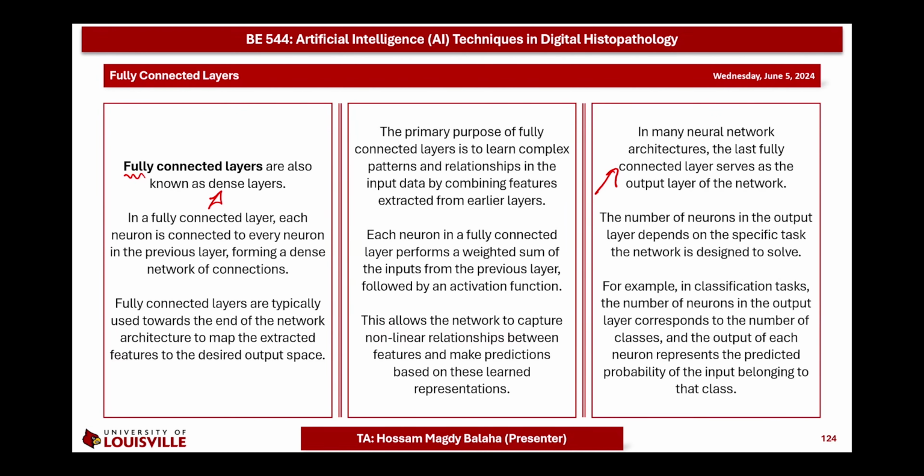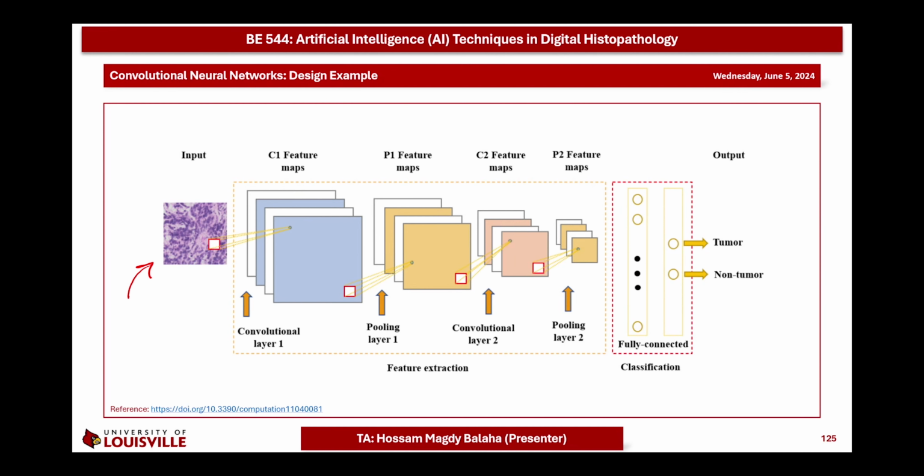So let's take a simple design example. You have an input here, and the authors in that study applied a convolutional layer, and then applied a pooling layer, and then another convolutional layer, and another pooling layer, and then they flattened the output of the second pooling layer and applied a fully connected or a set of fully connected layers after flattening, and then they set the output layer, which is also fully connected, but the size of it depended on the problem at hand.